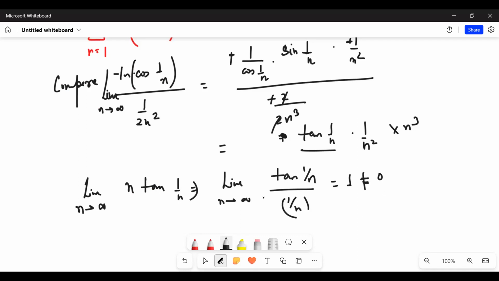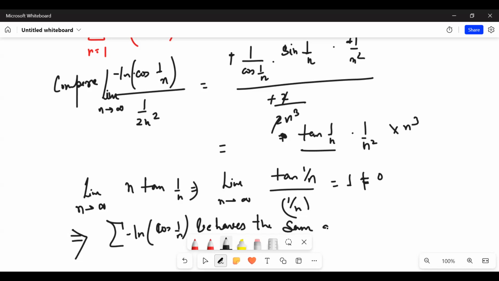And if it is a non-zero value, it implies that this particular series, summation minus of log of cos of 1 by n, behaves the same way as summation 1 upon 2n square. So this is convergent, which implies this series is convergent.